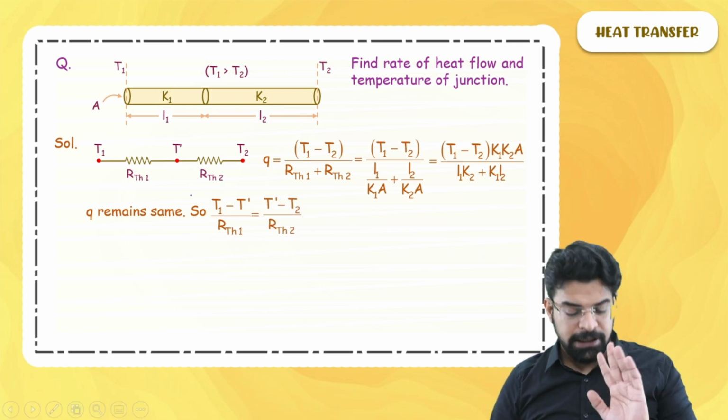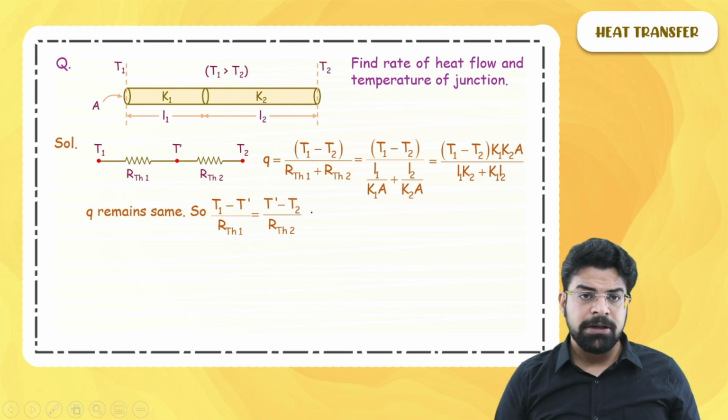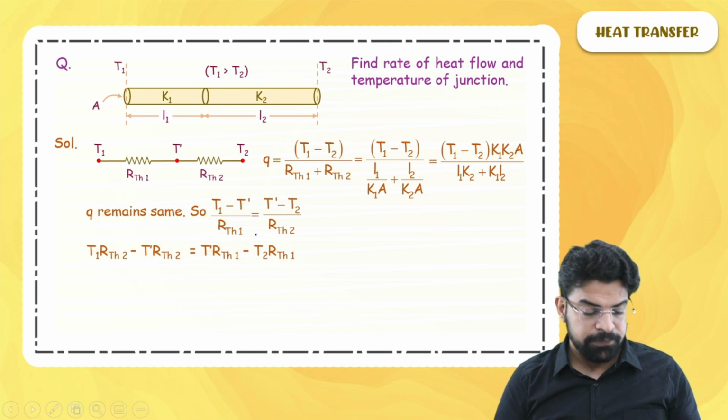Once you have done this, game over. Bring R thermal 2 up, R thermal 1 up. Cross multiply, you will get T1 R thermal 2 minus T dash R thermal 2 equals T dash R thermal 1 minus T2 R thermal 1.